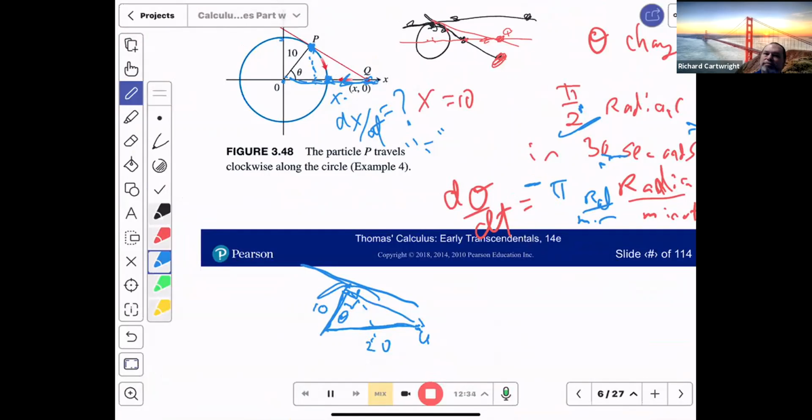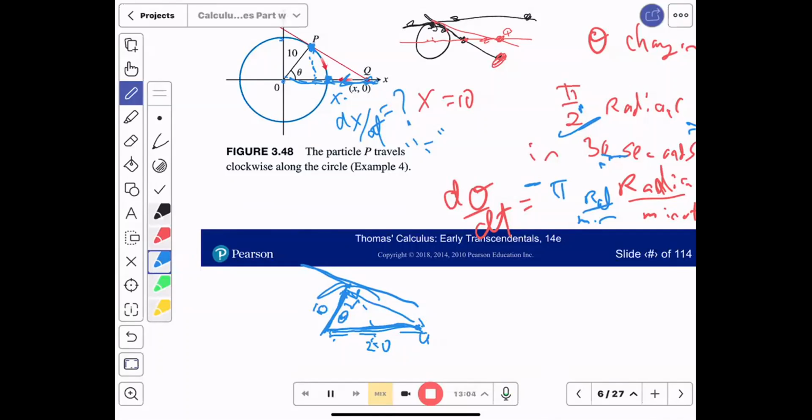That's a right triangle. I need to know a formula that connects this radius leg with this hypotenuse, which is changing. The radius is not changing, the hypotenuse is changing. So what formula relates these together? It's either geometry or it's trig.